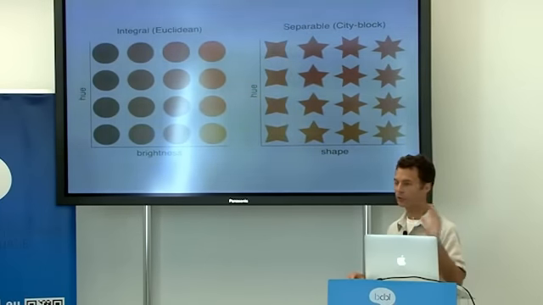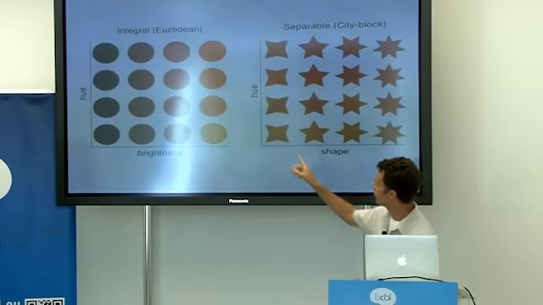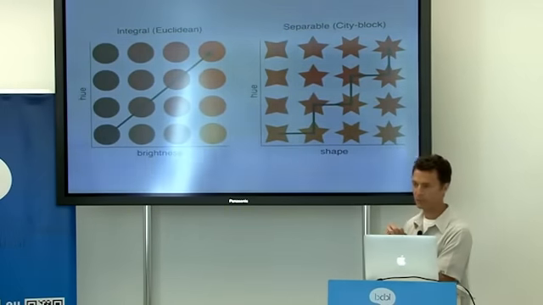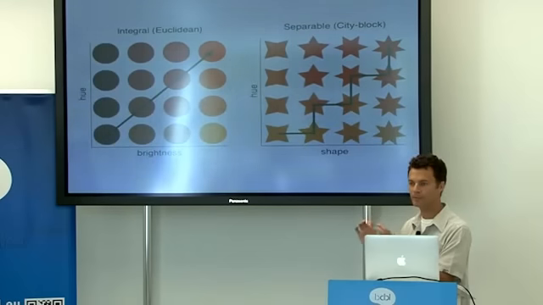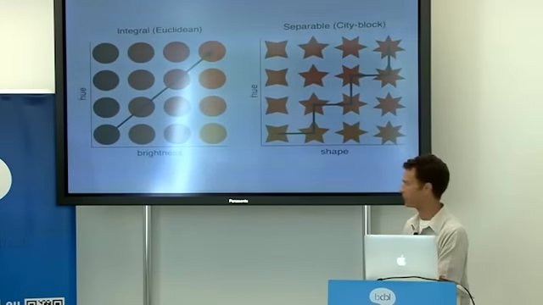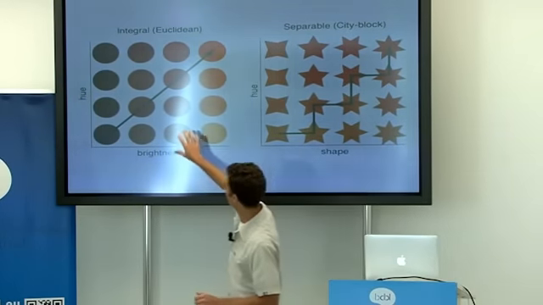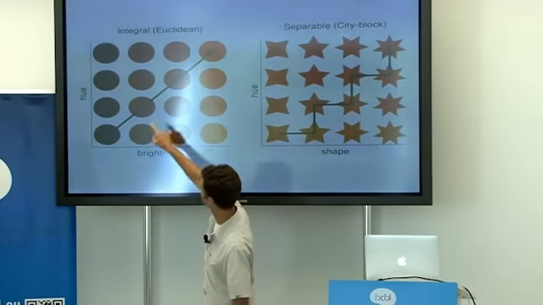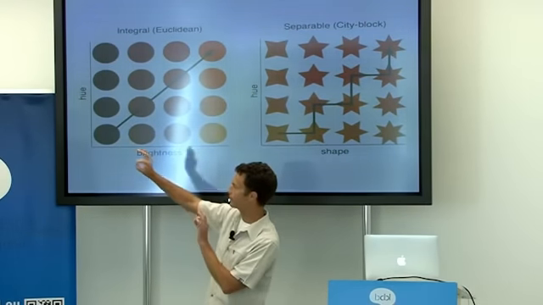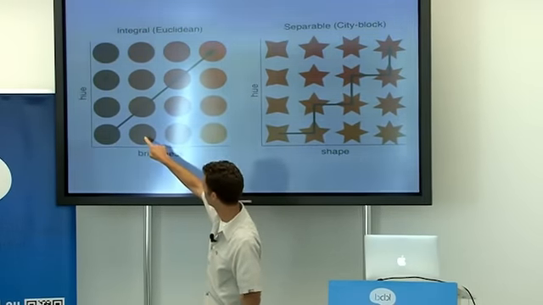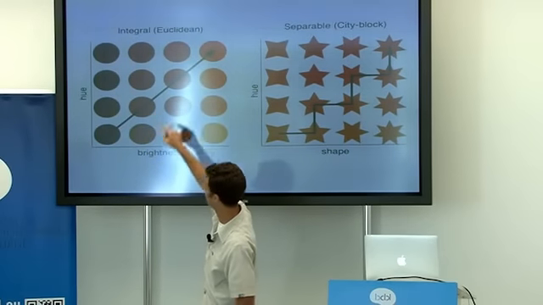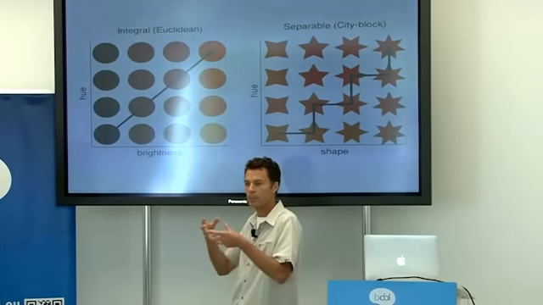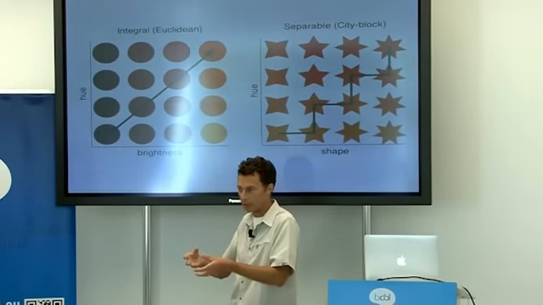Work going all the way back to Roger Shepard showed that within spaces like this, the similarity of stimuli can be measured using a different metric. Within an integral space, the similarity of any two stimuli is just their direct distance within the space. That is, the distance from this stimulus to this stimulus is just the straight line distance between them. That's how perceptually similar they are.